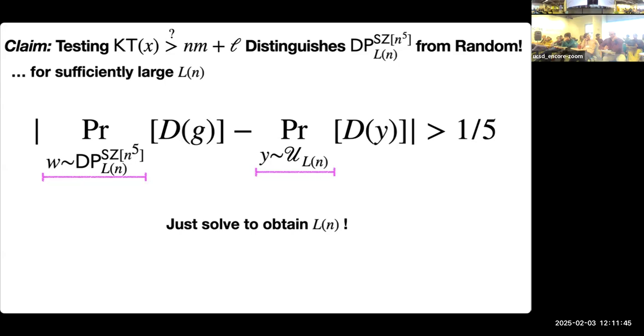I'm not sure if it's interesting, but just curious. Should this reduction extend to high entropy distributions as well? Because intuitively, a high entropy distribution should have large PT complexity. And so you should be able to distinguish between inputs generated from high entropy distributions versus... Which part do you need to have? The Xis.